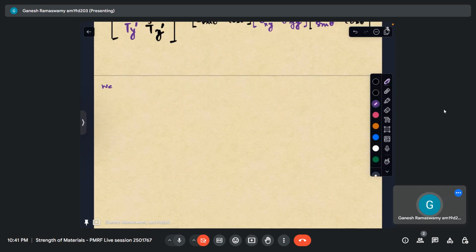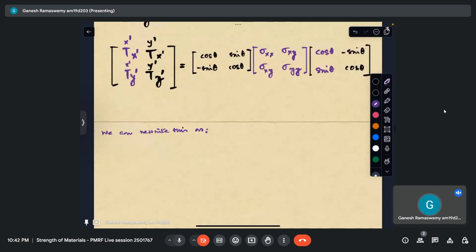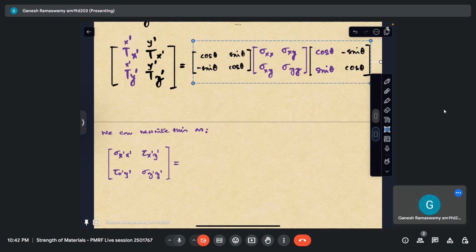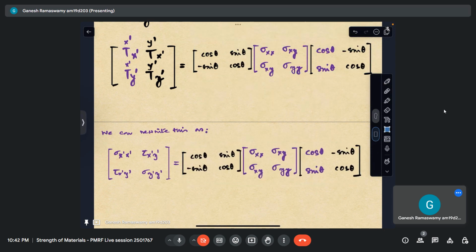So we can rewrite this as, so we know this is nothing but sigma x prime, and this we know it is tau x prime y prime, and then we have sigma y prime, which is given by this expression.